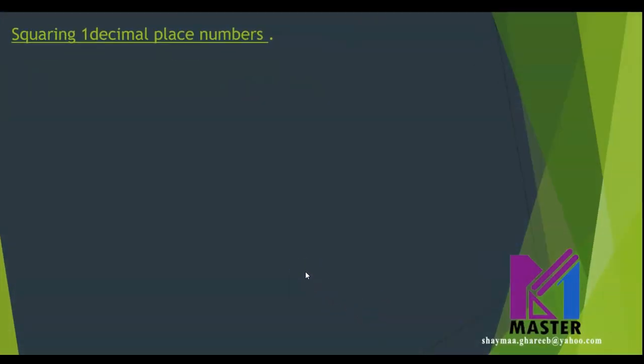Now, let's talk about squaring decimal numbers, especially the 1 decimal place numbers. For example, if I have 0.8 multiplied by 0.8, when we multiply decimal numbers, we have to look at the decimal places. So in the first number, I have 1 decimal place.